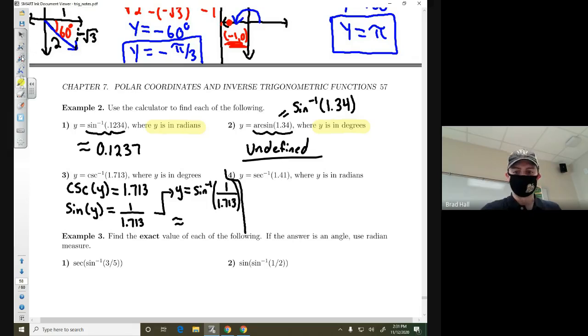But you need to make sure your calculator is in degree mode, because it wants the final answer in degrees.